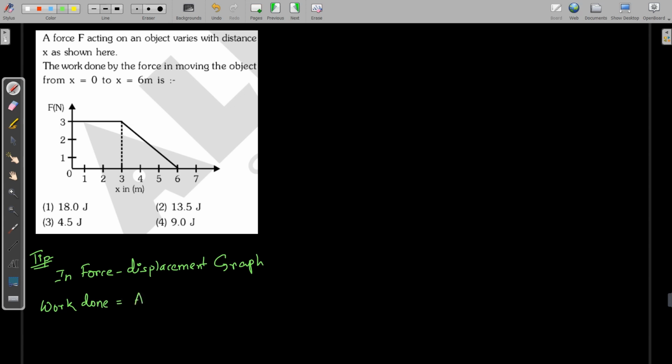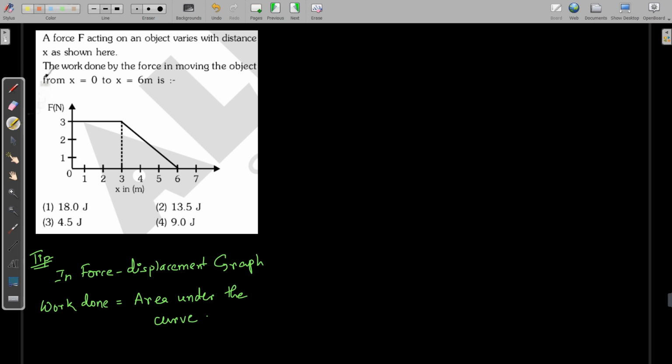Work done is equal to area under the curve, right? That's what work done is. Now here, only a force displacement graph is given.